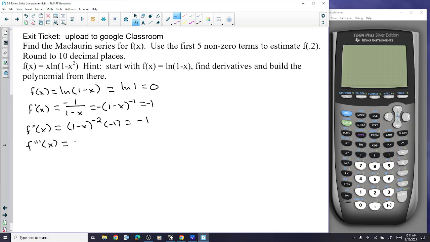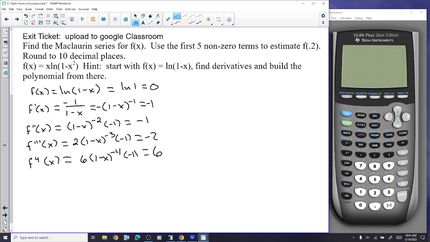This is going to be, it's really negative 2 times a negative 1 is 2. 1 minus x to the negative 3 times negative 1, so it's negative 2. Because 1 minus 0 is 1. 1 to the third is 1 in the denominator. So to the fourth is 6. 1 minus x to the negative 4 times negative 1. So that's going to be 6.